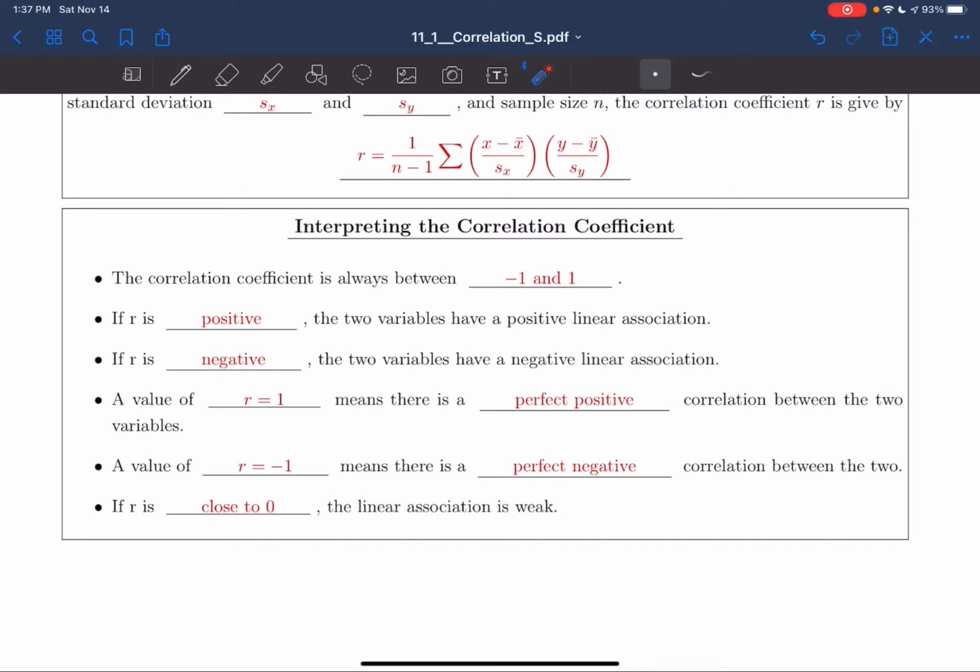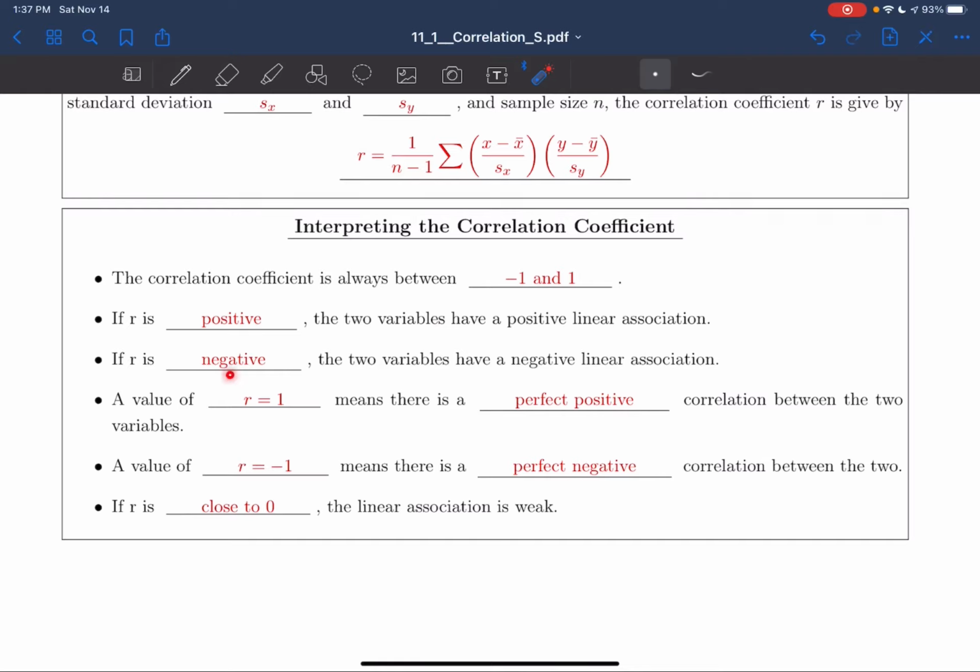This correlation coefficient is always between -1 and 1. It can't go over 1, and it can't go below -1. If R is a positive number, the two variables have a positive linear association.